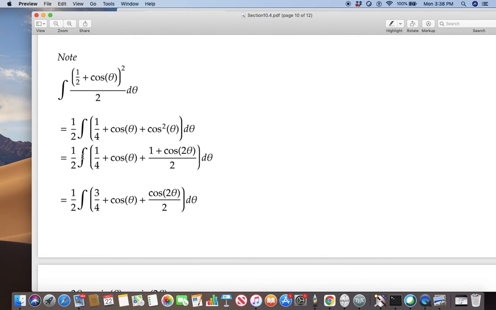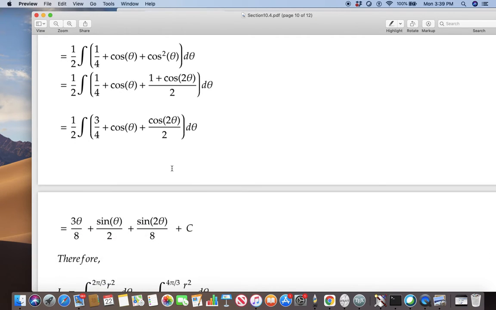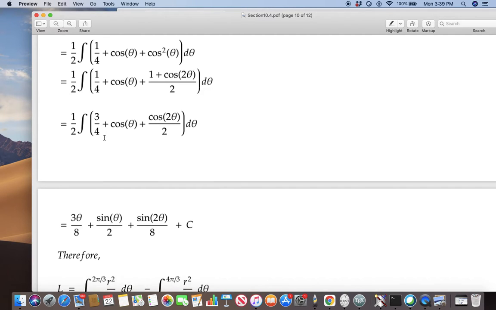So in the integral, you see 1/4 plus a half is 3/4, then cosine theta and cosine 2 theta over 2. Notice that 1/2 I have added to 1/4 to give 3/4.